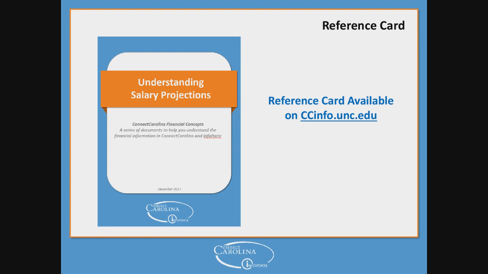This reference card covers today's content, plus it talks about the actual formula that the system uses to calculate projections, and it also has some instructions for troubleshooting. So if a salary projection doesn't look quite right, it gives you some information on what you can look at to get it corrected.